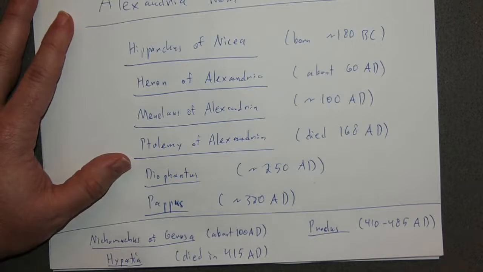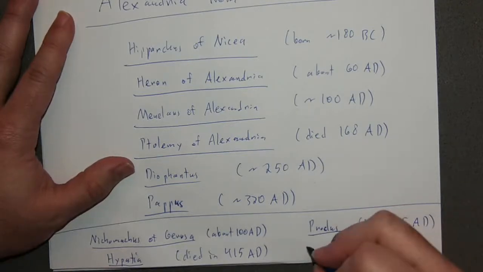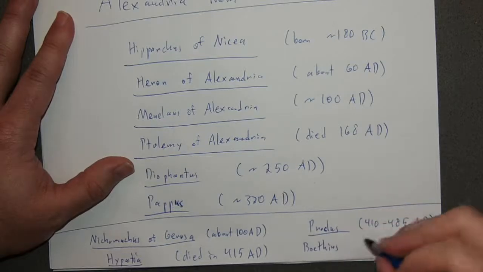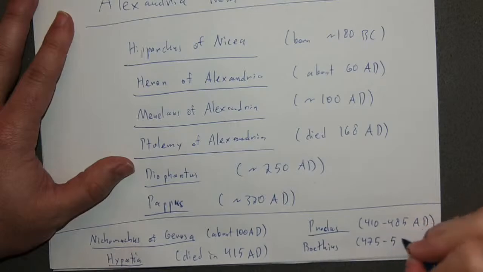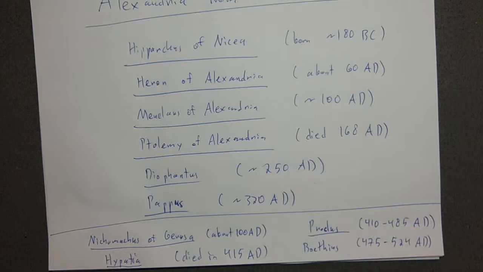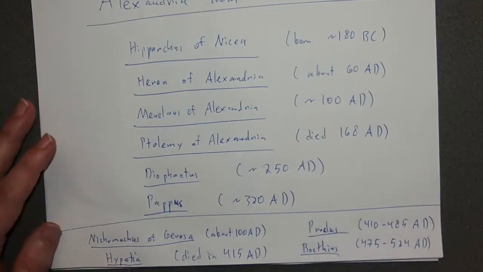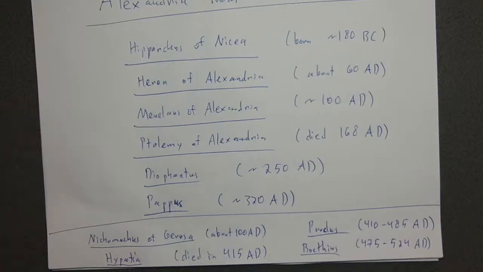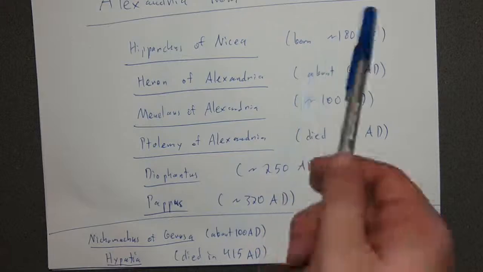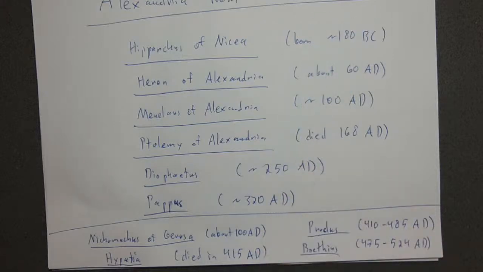So this is 410 to 485 AD, and Boethius, active from 475 to 524. Well, I think he was born in 475 and died in 524. All right, so these are the lesser players in this time period. As you can see, most of the lesser players are congregating towards the end of this window, 500 AD, because things are definitely winding down here.